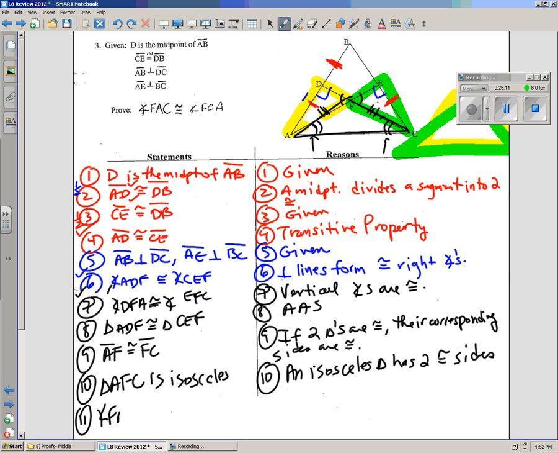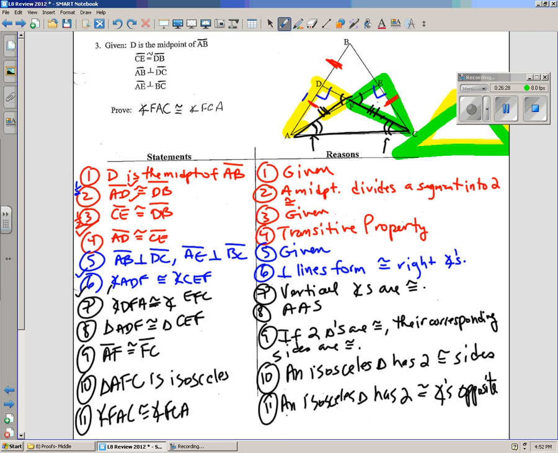So angle FAC congruent to angle FCA, because an isosceles triangle has two congruent angles opposite congruent sides. Woo! So there's a kind of a longer way, but maybe a little easier to understand, and a shorter way, but maybe harder to understand way to do this proof.